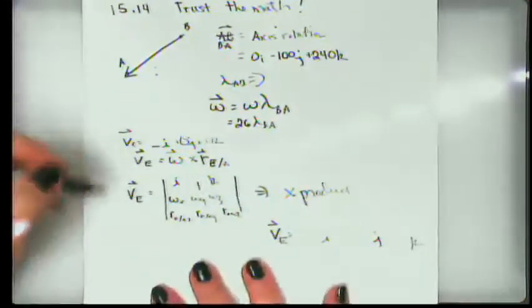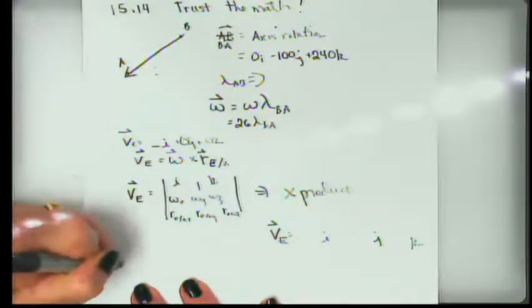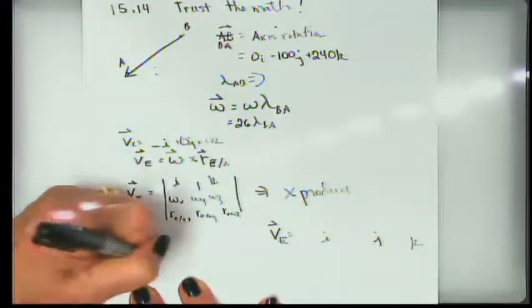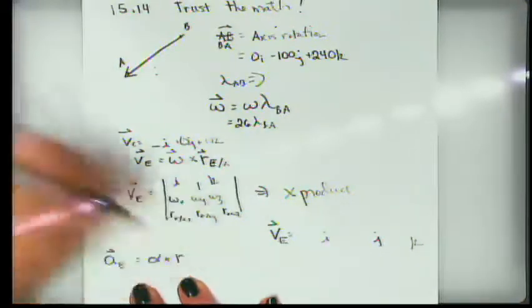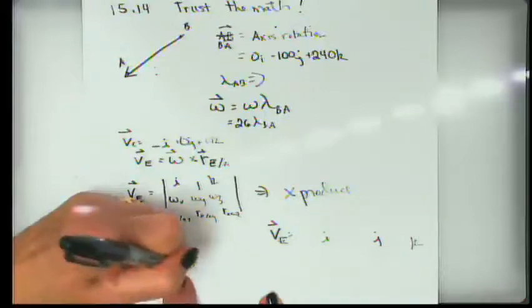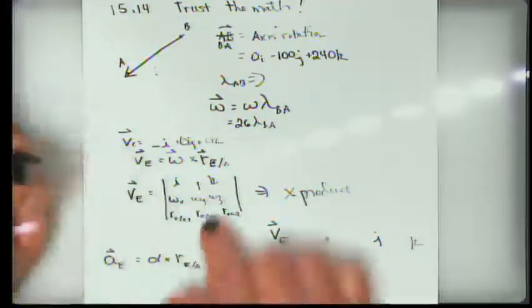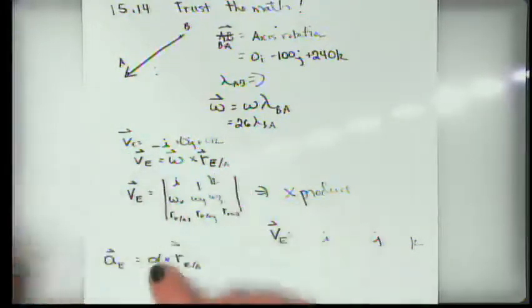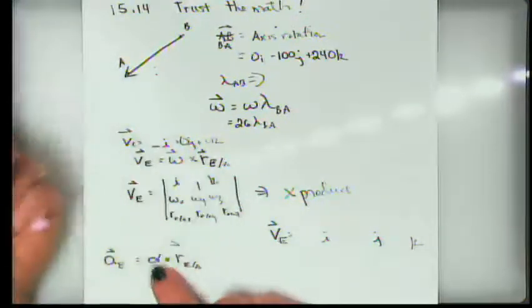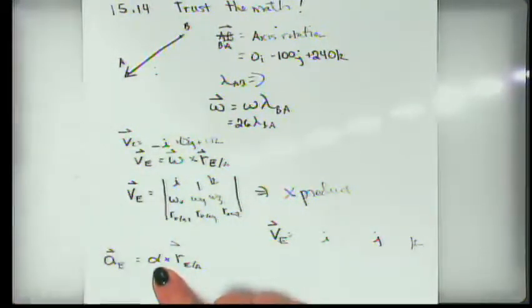Now, after we do that, in order to find the acceleration of point E, we have to think about this in terms of being that long vector equation, which is going to be alpha times that radius from E to A. So we can reuse that same vector right here. And then we can talk about what that means. This is actually, does it tell me that's 0? It does.